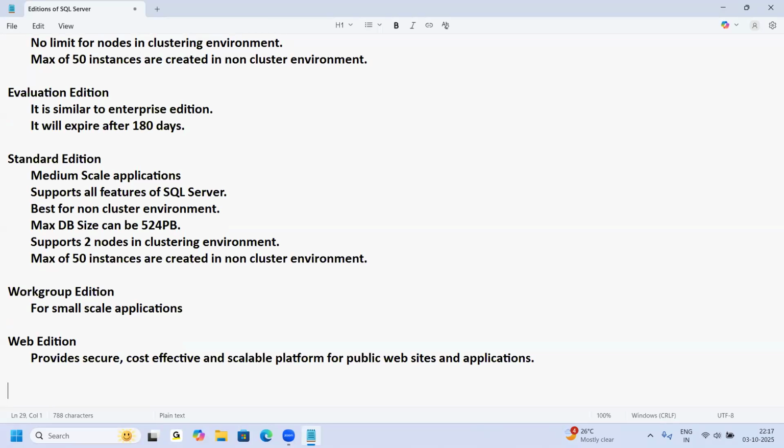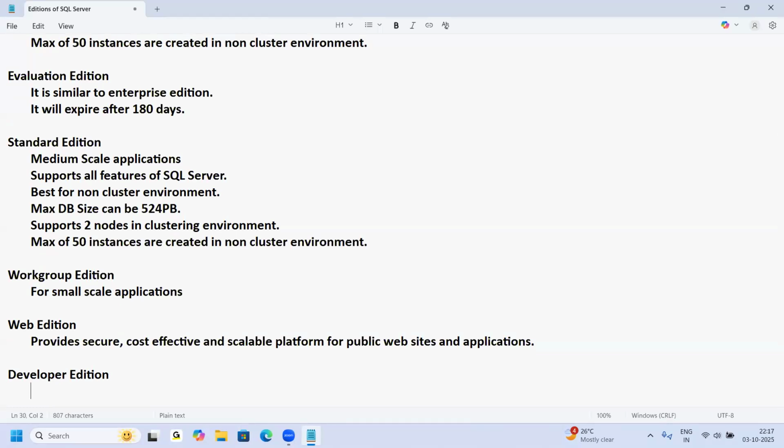And we have another one called Developer Edition. This is also one of the mostly used editions, for practice purposes. But you won't get all the facilities that Enterprise Edition provides.